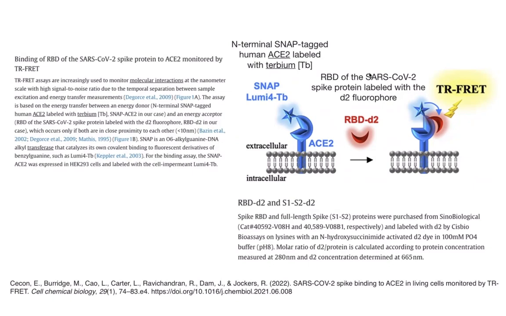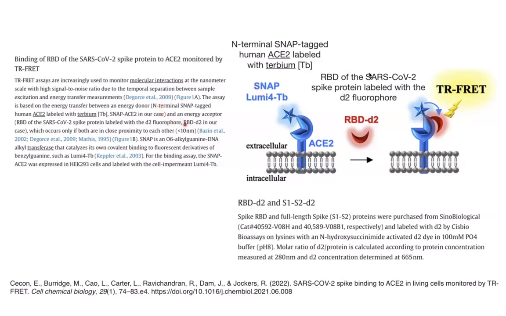Instead, they're going to use one of those small molecules. So how are you going to attach a small molecule to a protein? Well, they take a pretty cool strategy. They put this thing called a SNAP tag on the end of ACE2. So they genetically encode a little SNAP tag on the end.